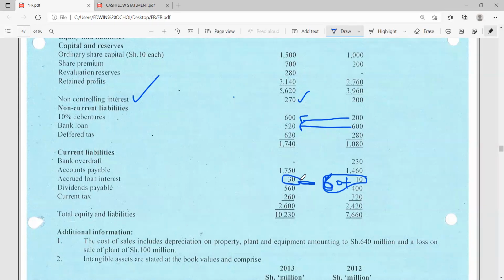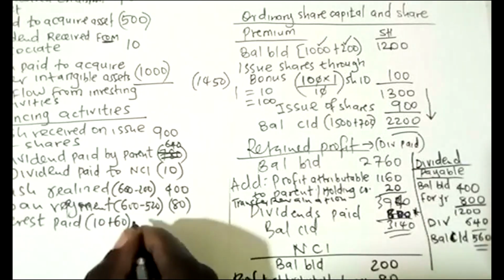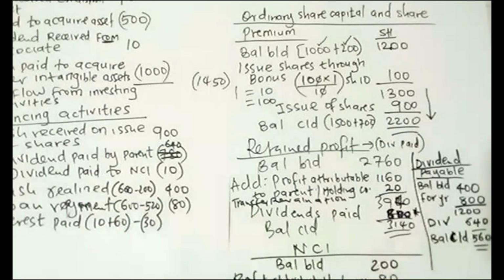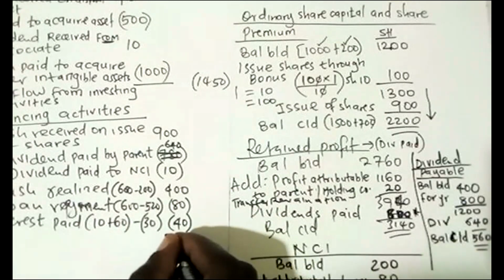So the interest paid already is 40. So it's 10 plus 60 minus 30, which means that 40 has already been paid.